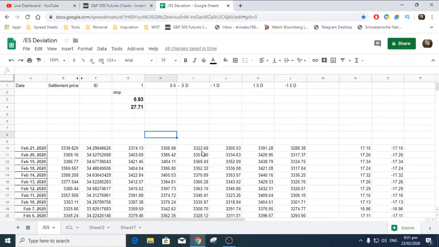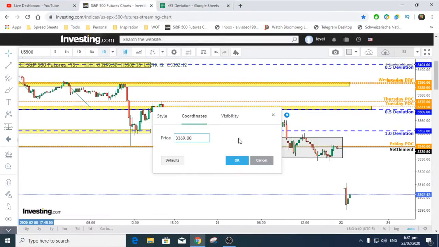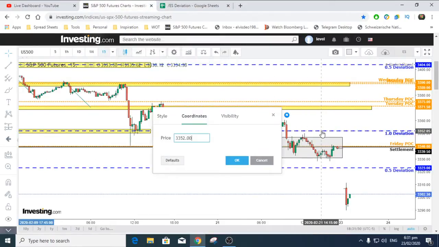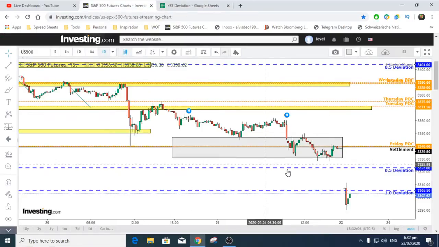We put 1.5. That's the target more or less. 91.5.